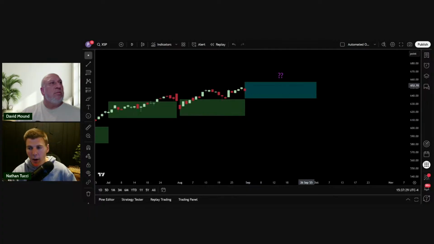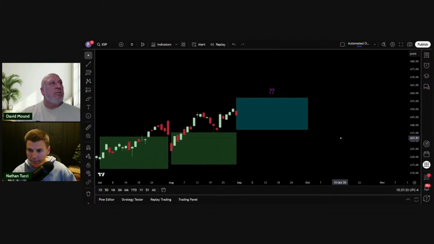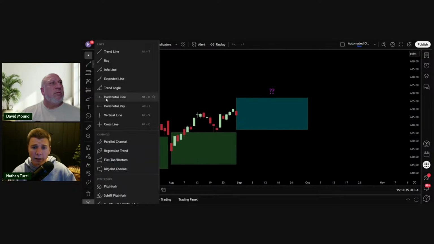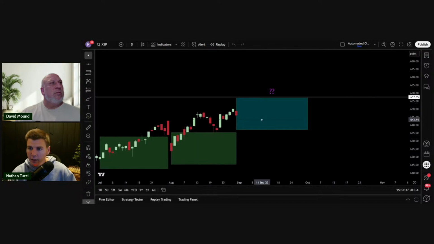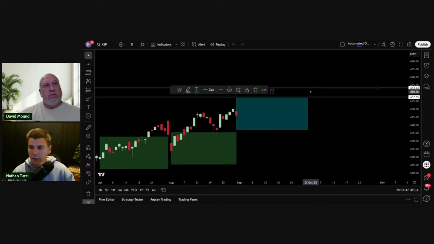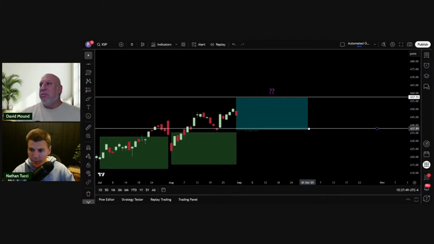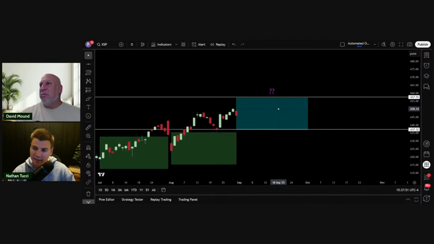So what is a box trade? Well, what we're going to do is look at the price action here. We're going to have one line up here that represents the SPY needing to go above that level in order to be a win on the bullish side. And then we're going to take a line and put a bearish debit spread somewhere down here that says that the market has to go below that line to be a win on the bearish side.